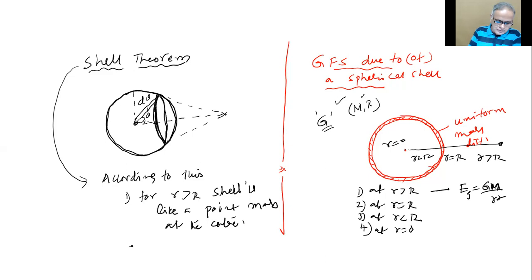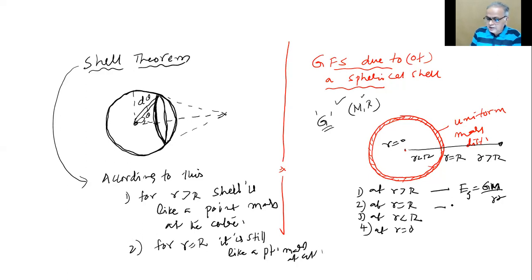Now, at r equals R, it's still like a point mass at the center.